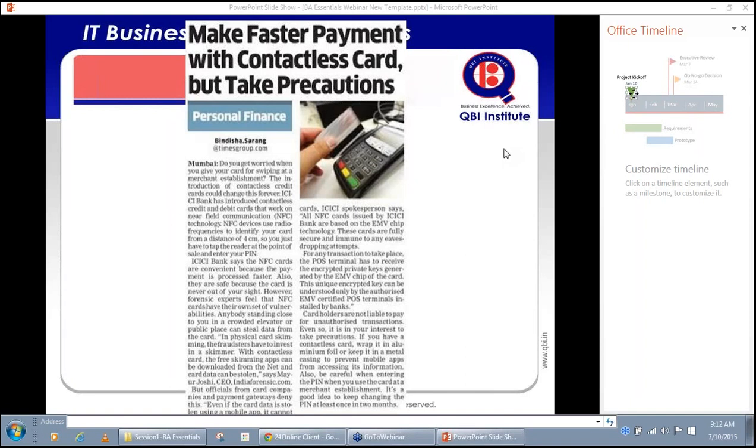This original presentation of mine was developed somewhere in 2010 or 2011. Even at that point of time, I used to write that for the banking industry, contactless cards are important. Now in 2015, these contactless cards are being introduced.